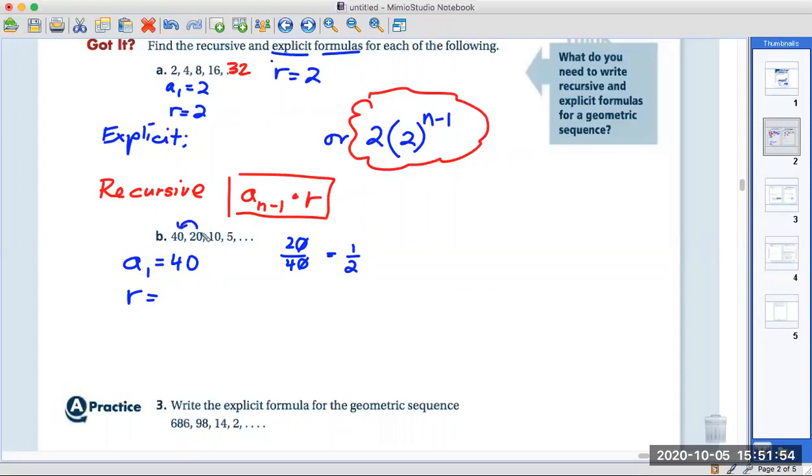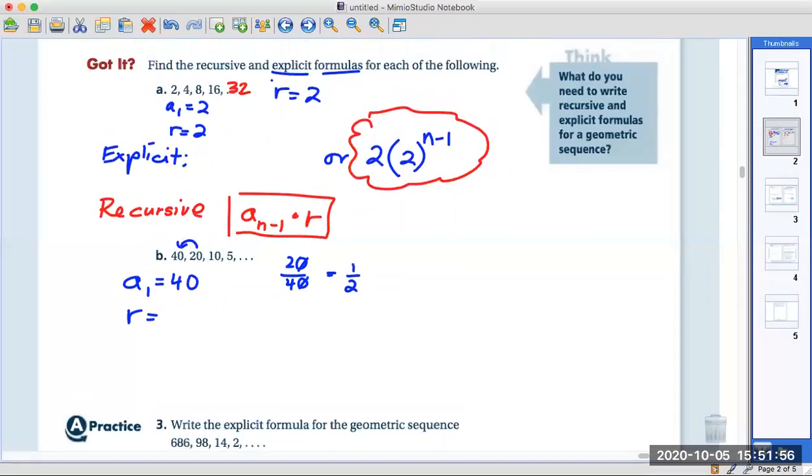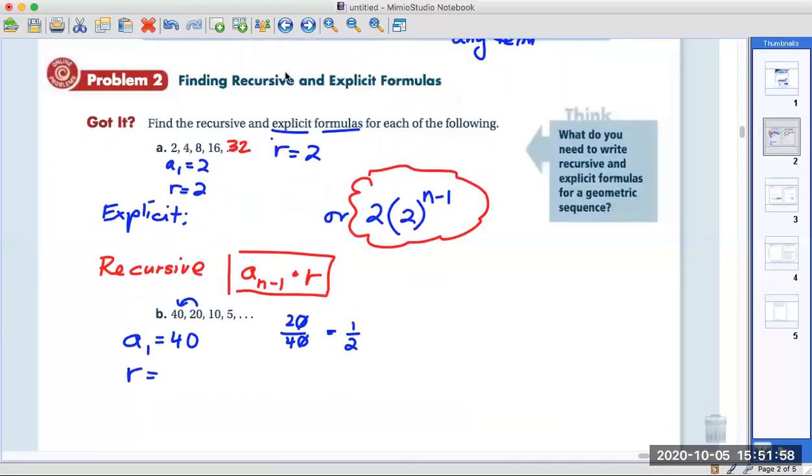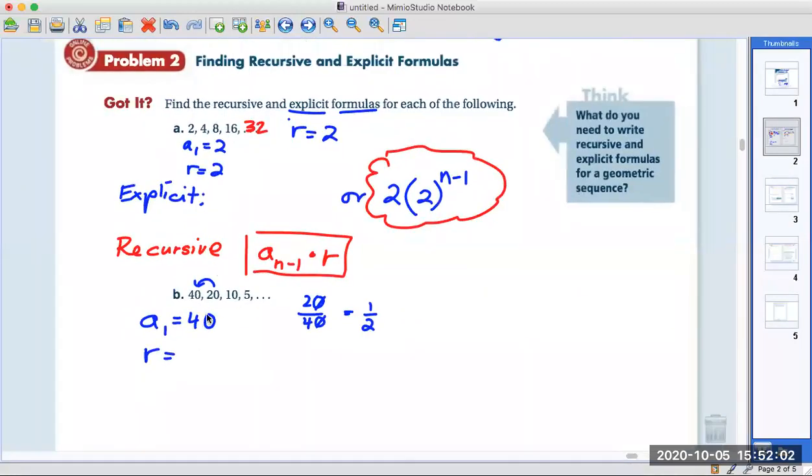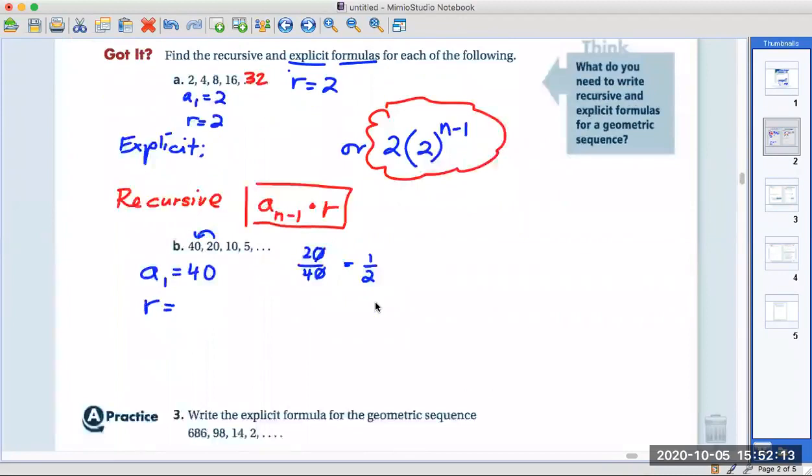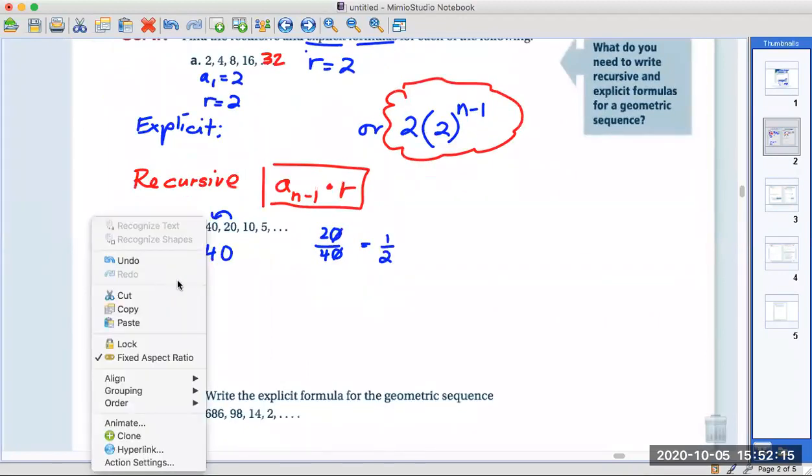And I'm not checking all these because they already told me that here. They didn't say check. They told me write the formula. So I'm assuming these are geometric. So I don't need to check every one of them to make sure my common ratio is the same. Yeah. So the common ratio is 1/2.